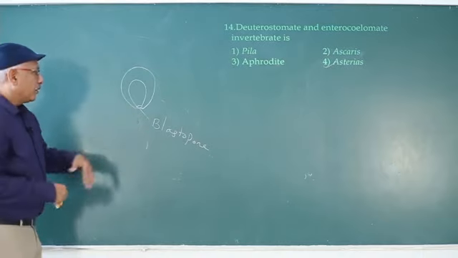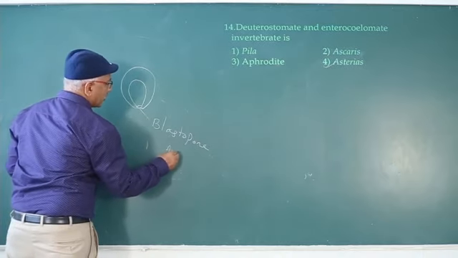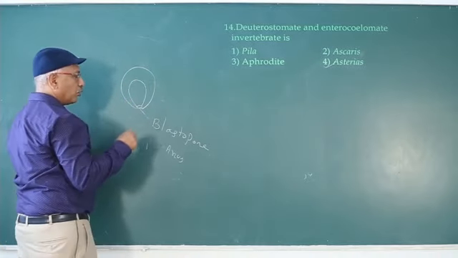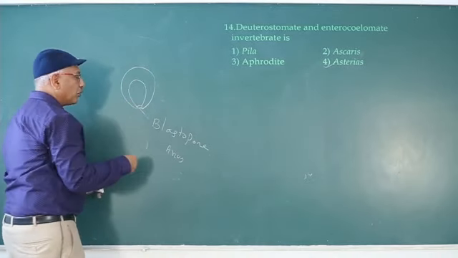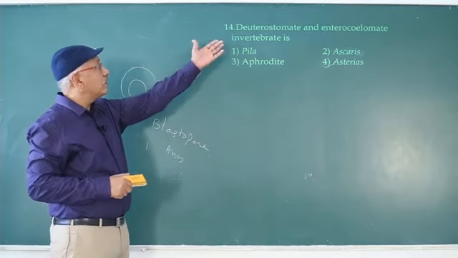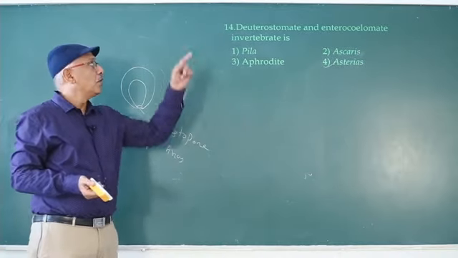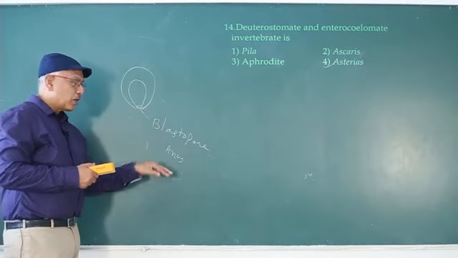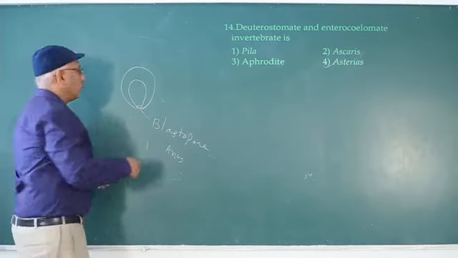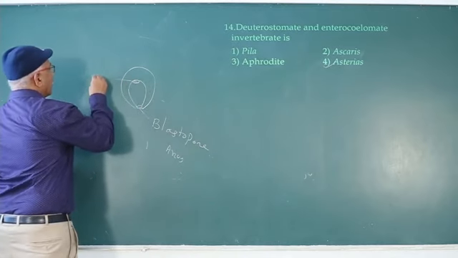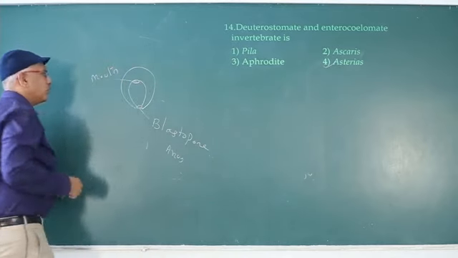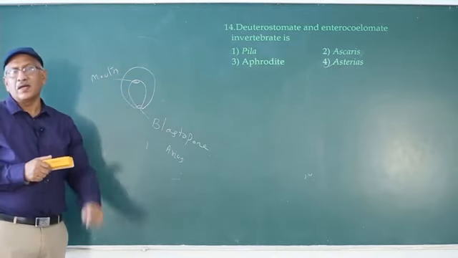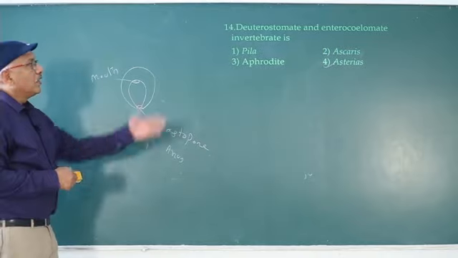If the blastopore develops into the anus, it is known as deuterostome. Or, the opening opposite to the blastopore develops into the mouth, meaning the second opening develops into the mouth. Deutero means secondary. So there are two definitions. The archenteron develops into the developing gut, the alimentary canal.